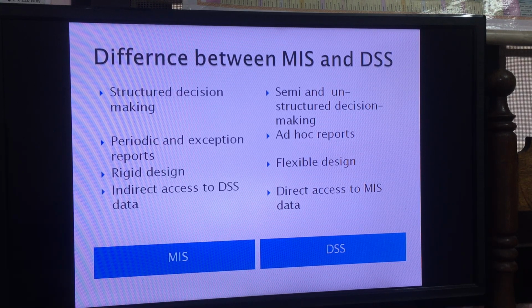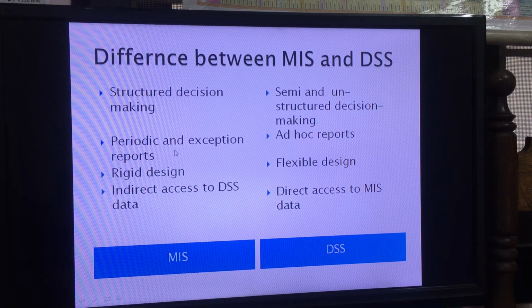Because these decisions need continuous reporting, MIS uses periodic and continuous reporting. Whereas in decision support system, a new report is made every time because decisions are made for a particular situation. The meaning of ad hoc is a new and independent report.